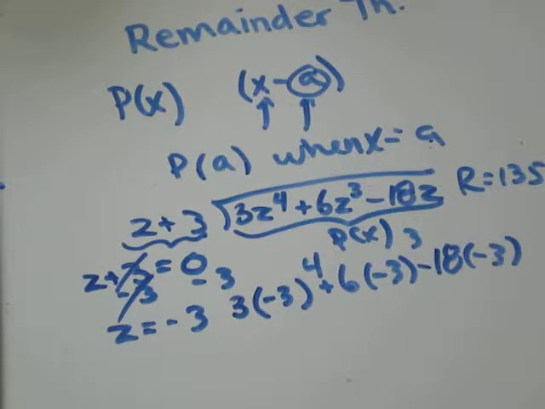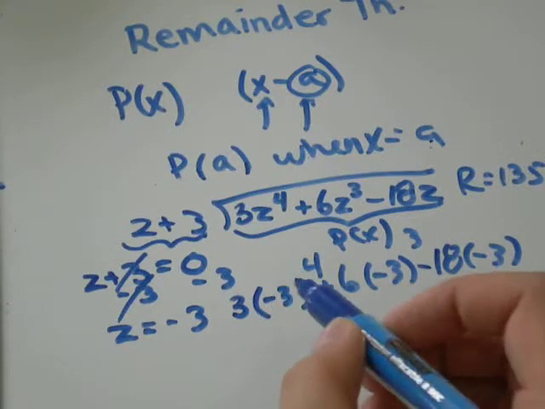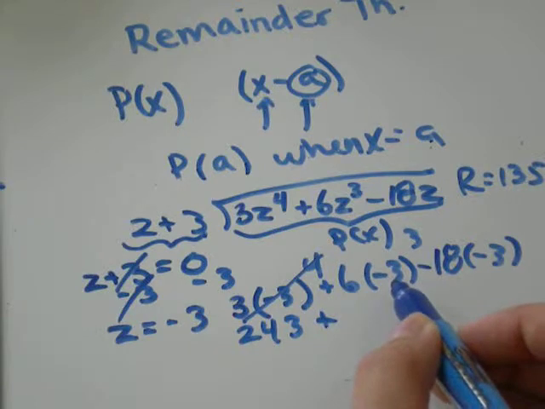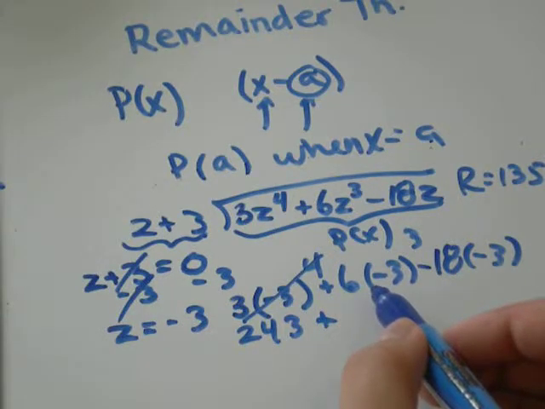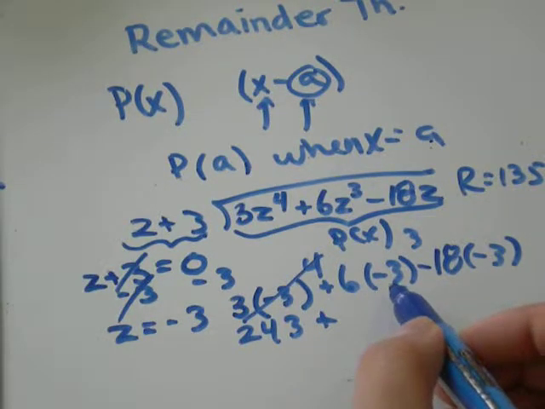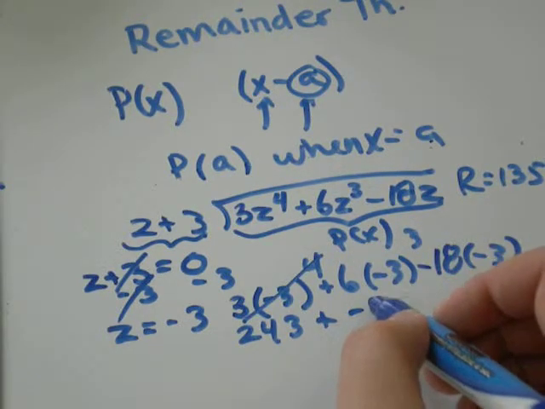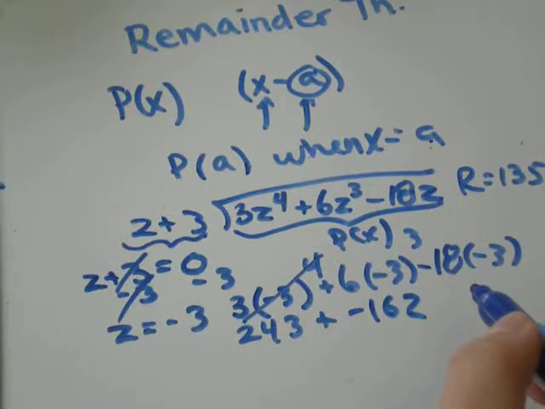So negative 3 to the power of 4 is equal to 81. 81 times 3 is equal to 243, plus negative 3 cubed is negative 27, times 6 is negative 162.